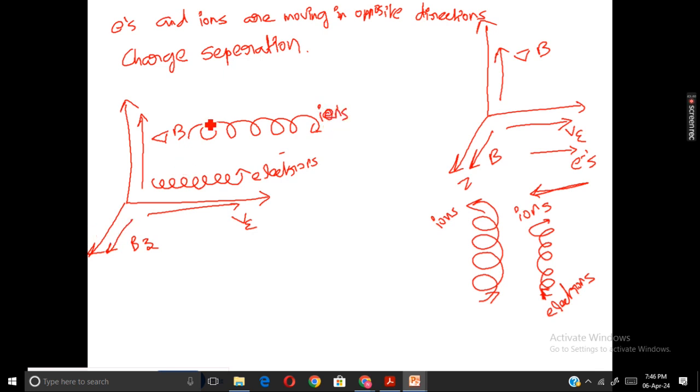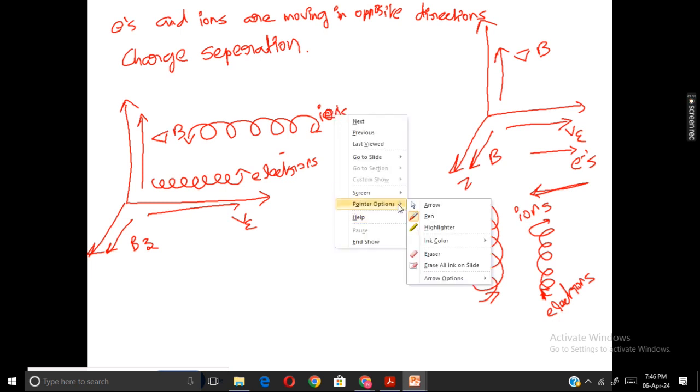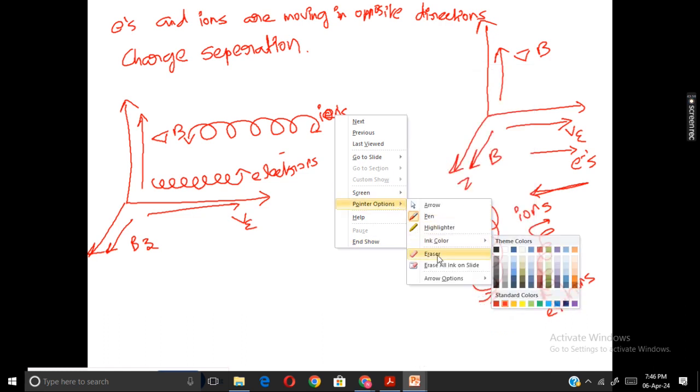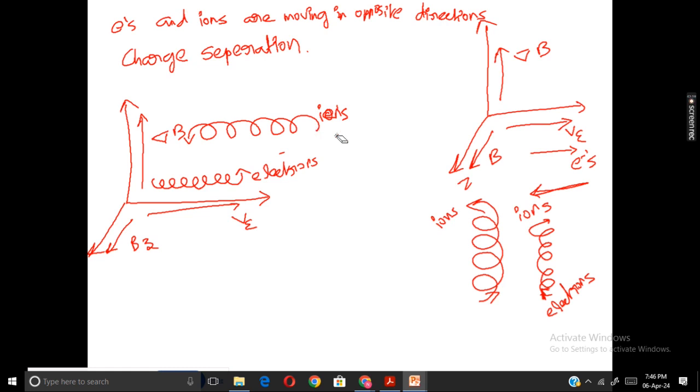So in case of ions, it will be moving in the negative x direction, and in case of electrons, it will be moving in the positive x direction. This separation of charges is basically known as the planetary ring current.